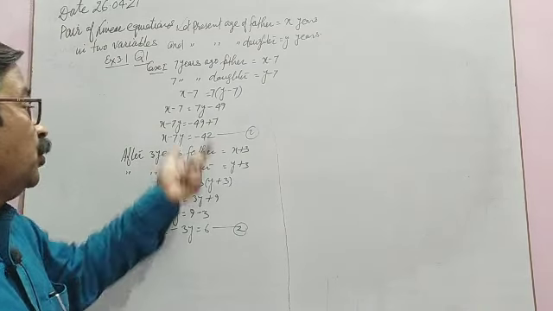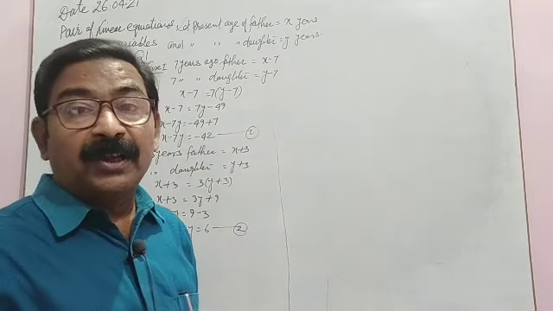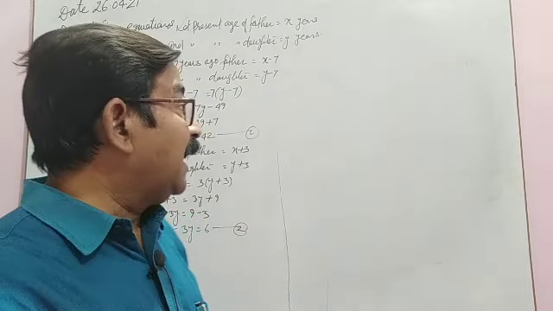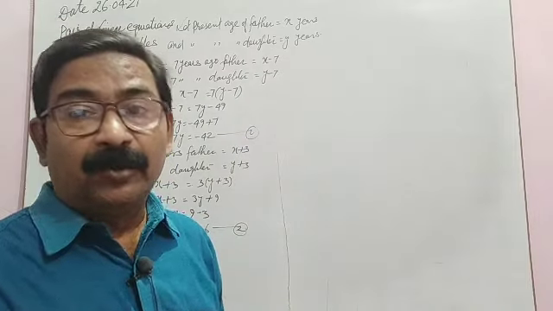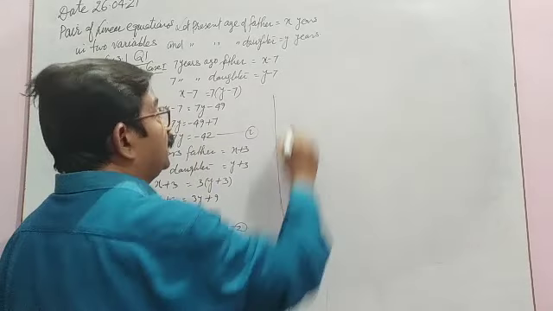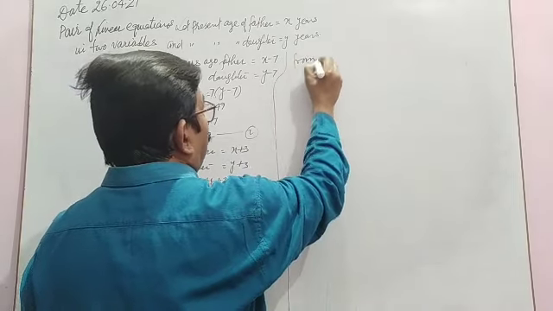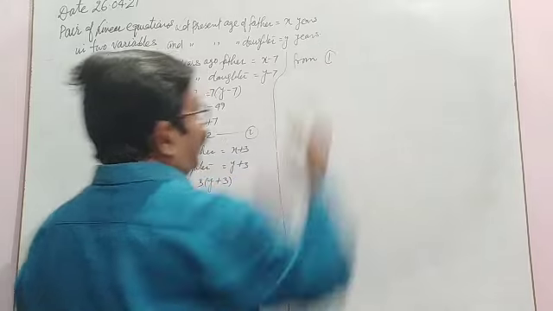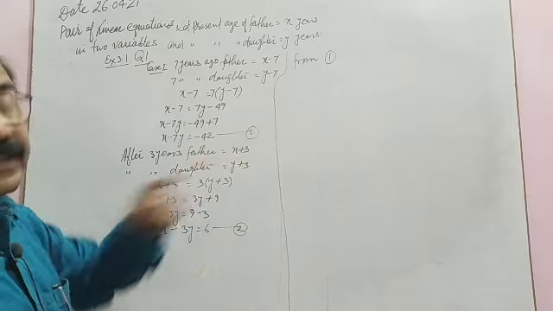I am going to find the solution of the equations to plot the graph, and I will leave the solution and you will plot the graph yourself. See how to write. I am writing from equation 1. Send this y this side.